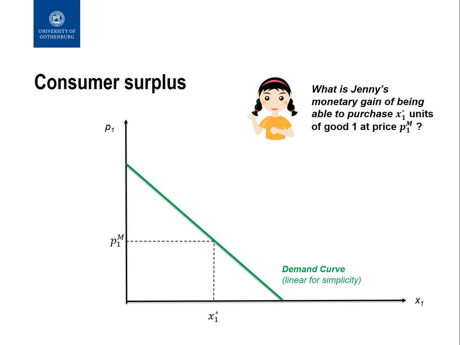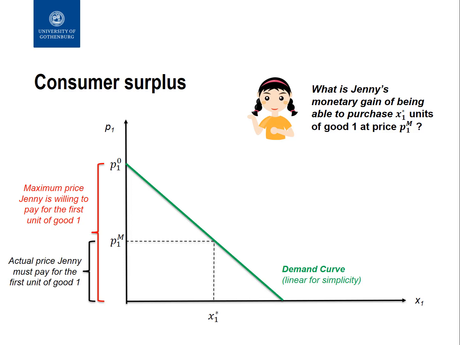For the first unit, the maximum price that Jenny is willing to pay is P10, but the actual price she must pay is P1M. So the surplus of the purchase of the first unit is the difference between P10 and P1M.